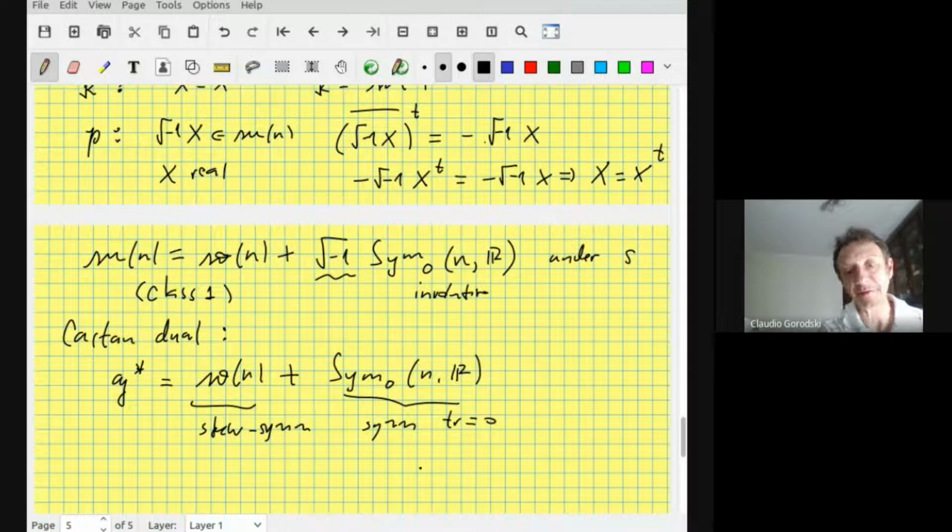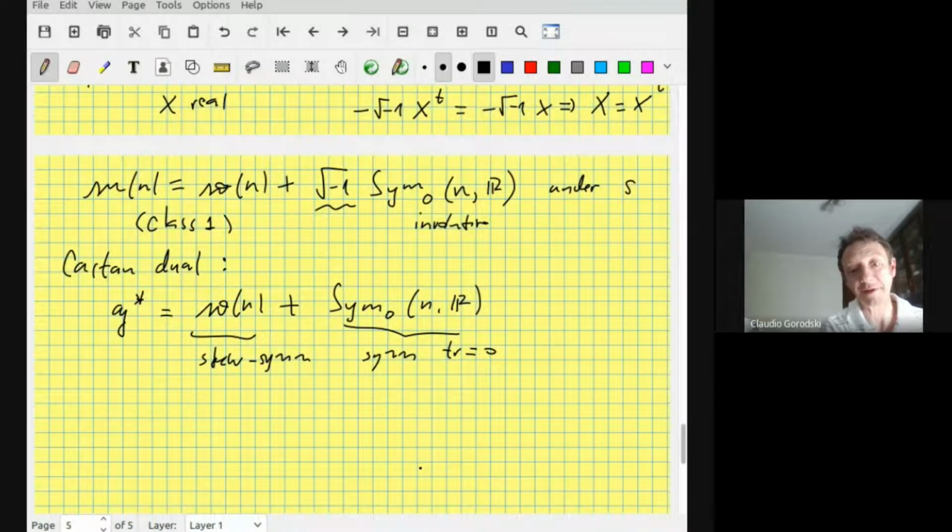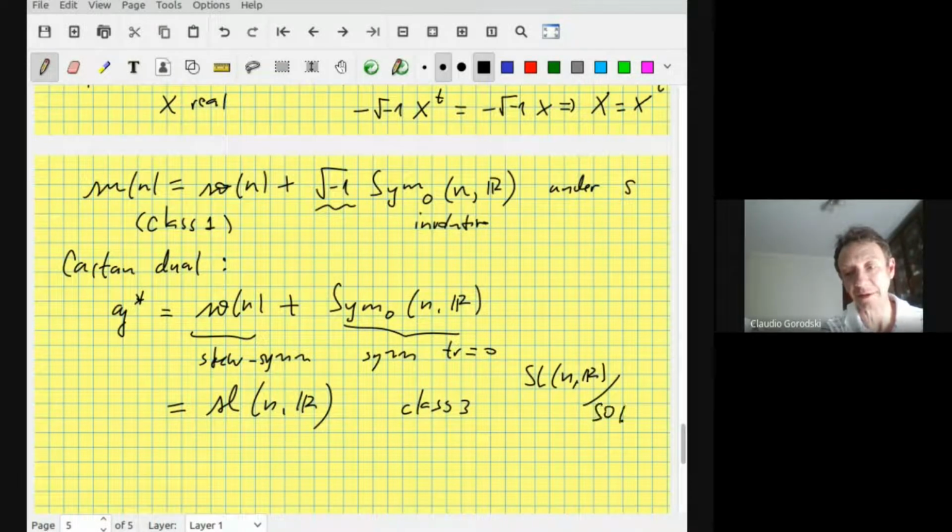So if we add skew symmetric matrices to symmetric matrices, we get all trace 0 matrices. So we get SL(n,R). So that's the Cartan dual. This is class 3 now. The symmetric space here is SL(n,R) over SO(n), and here it was SU(n) over SO(n).